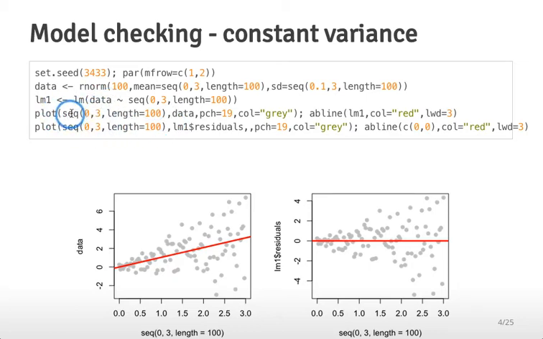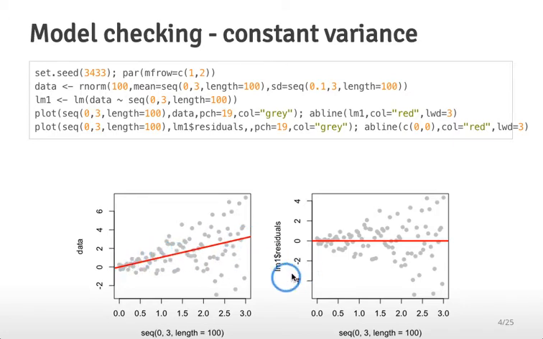So I can fit a linear model, and I can plot those values. Here on the left, I've plotted the y values or the data on the y-axis and the x values on the x-axis. And you can see that the points get more and more variable as you move over here to the right, although the fitted line still seems to go kind of right through the middle of them.